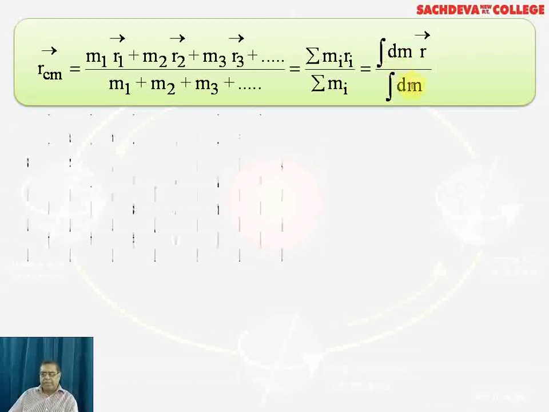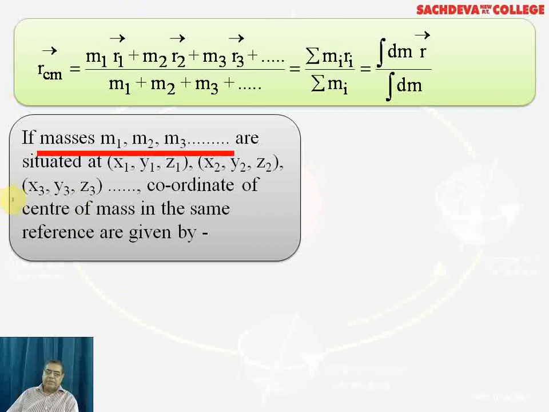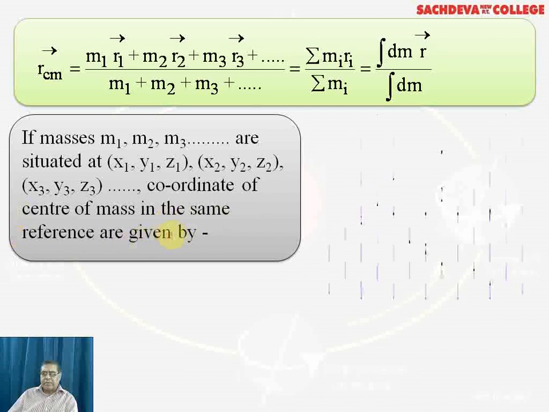Now, if the masses m1, m2, m3 are situated at x1, y1, z1, then x2, y2, z2, and x3, y3, z3, the coordinates of the center of mass in the same reference frame are given by the following.